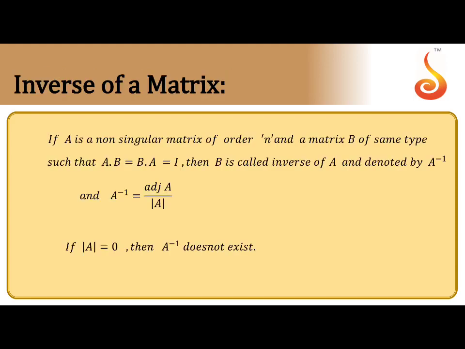So, inverse of a matrix. If A is a non-singular matrix of order n, where non-singular means det A not equal to 0, and a matrix B of the same order as A, so both are square matrices of the same order, and AB equal to BA equal to I, then B is called the inverse of A and is denoted by A inverse.